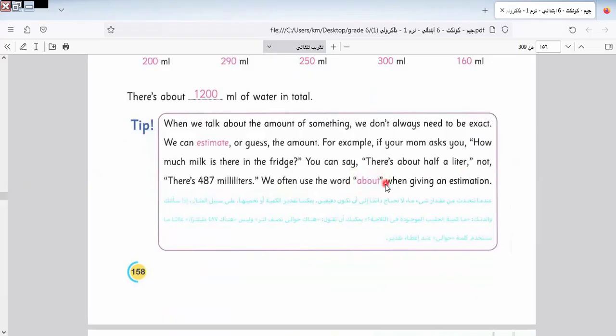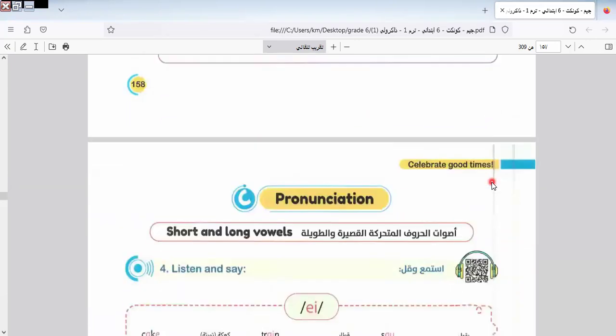When we talk about something that I can't know exactly, I say this is about a number. About 100, so we can say about 10 millimeters, about 100 millimeters. So about means a number related to this number, when giving an estimation.